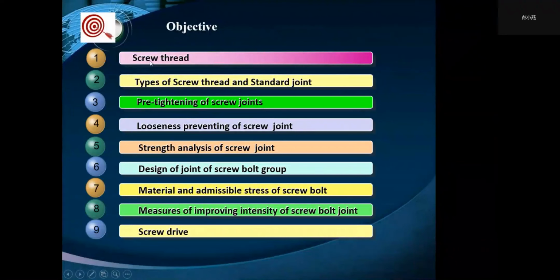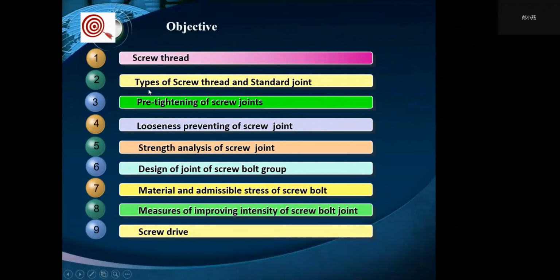A screw thread: master the basic concept of screw thread and know the types of screw thread. And know the pre-tightening or preload and loosening prevention of screw joint and strength analysis of screw joint.